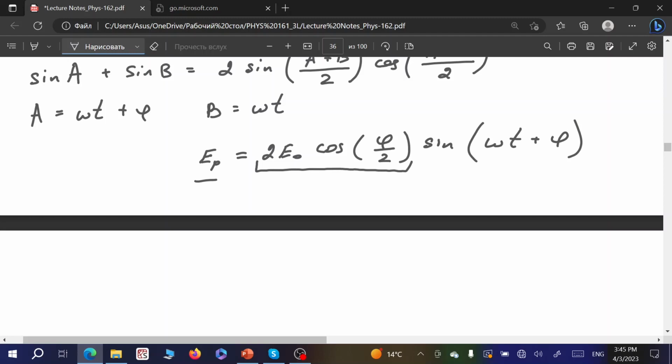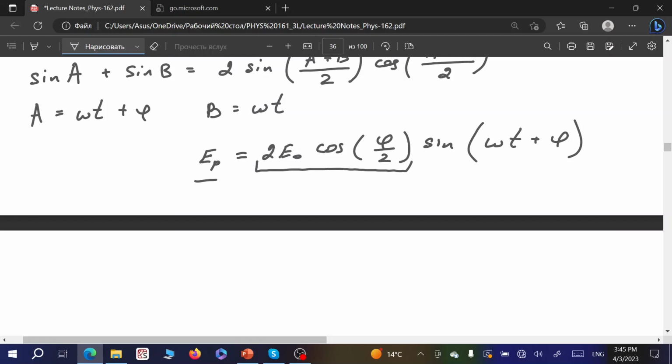So that's what we discussed for the specific case when the two waves are in phase, there is zero phase shift, their electric fields will enhance each other and we will have twice larger amplitude.